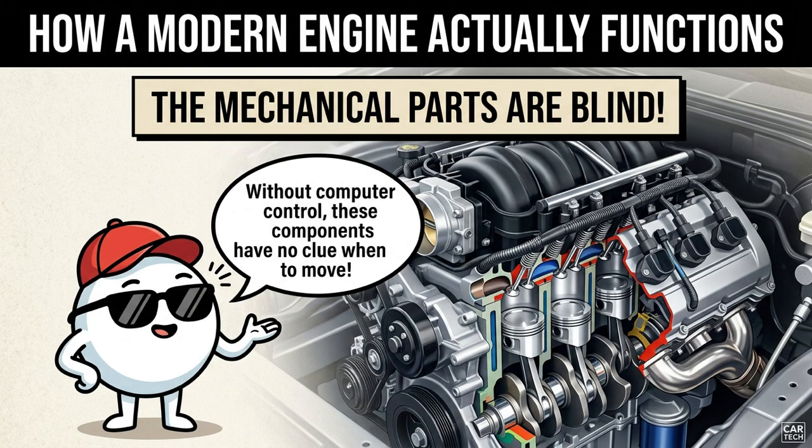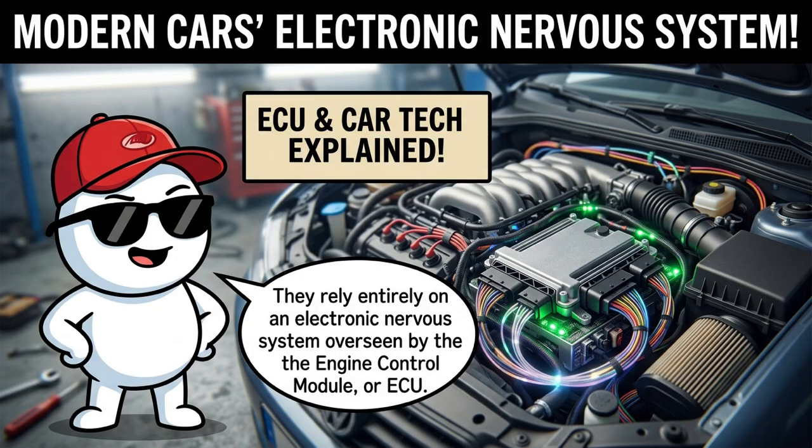To understand how a modern engine functions, you have to realize that mechanical components like pistons, valves, and crankshafts are completely blind. They rely entirely on an electronic nervous system overseen by the Engine Control Module, or ECU.